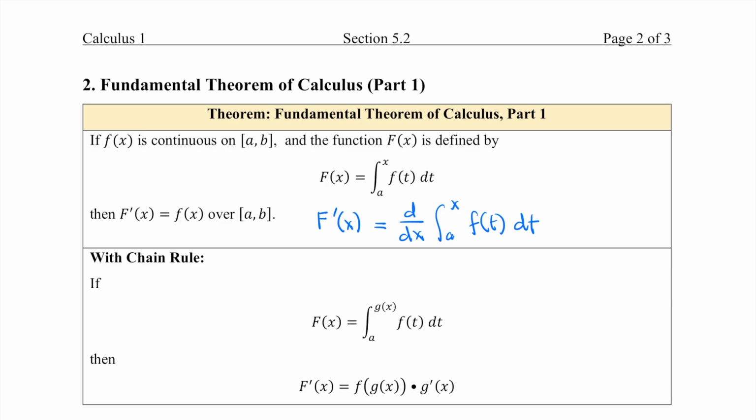So the derivative becomes small f of g of x times g prime of x. Here's what's happening. You still evaluate the original function small f, but now you plug in g of x instead of just x, and then multiply by the derivative of g of x.